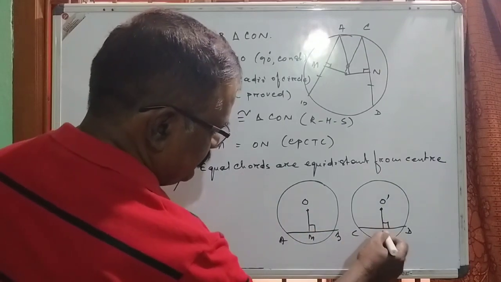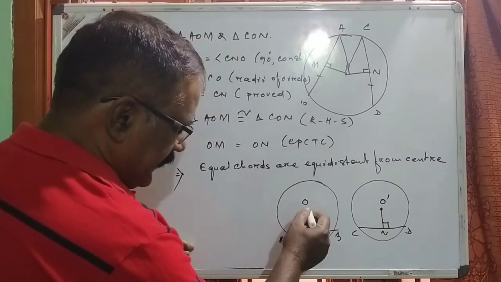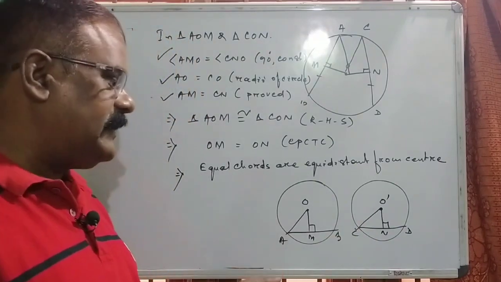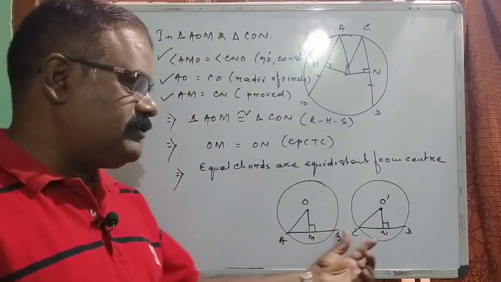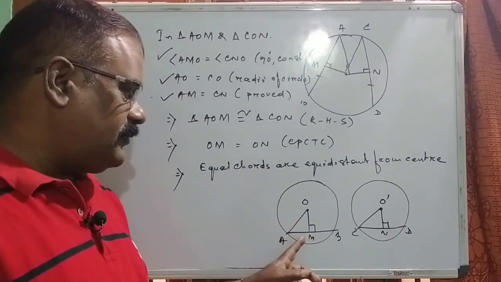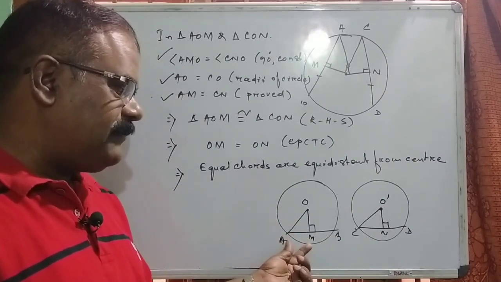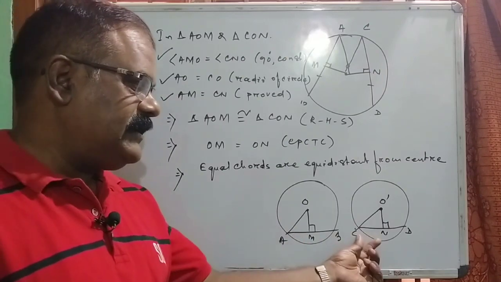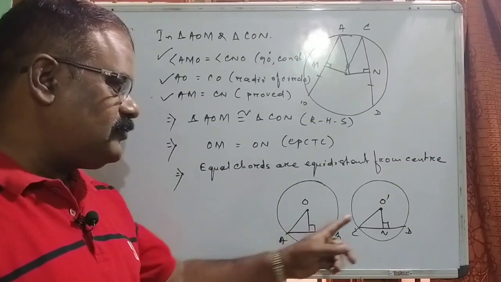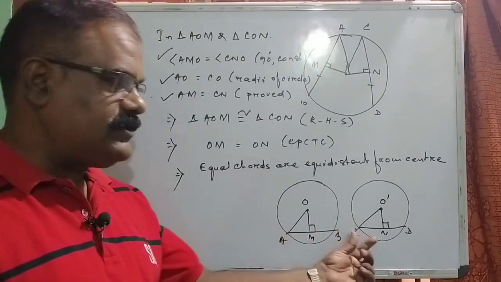Consider that we join AO and CO dash in these two triangles. AB is equal to CD, and since OM is perpendicular to AB, this is the midpoint, so AM is equal to half of AB and CN is similarly equal to half of CD. Therefore in these two triangles AM is equal to CN.